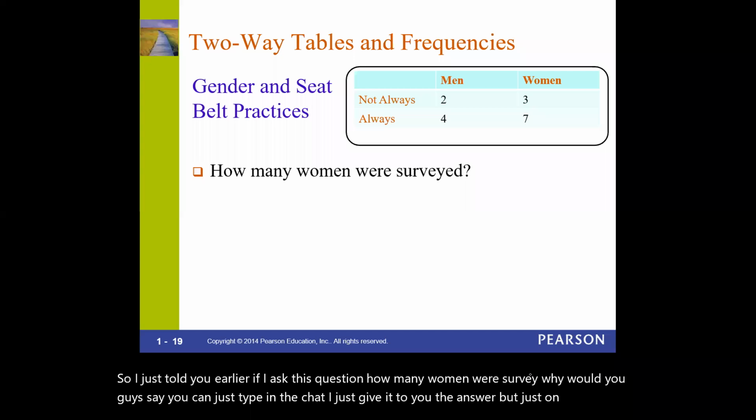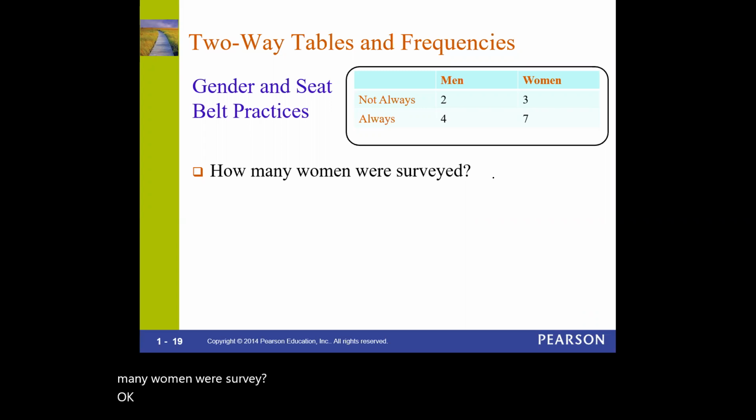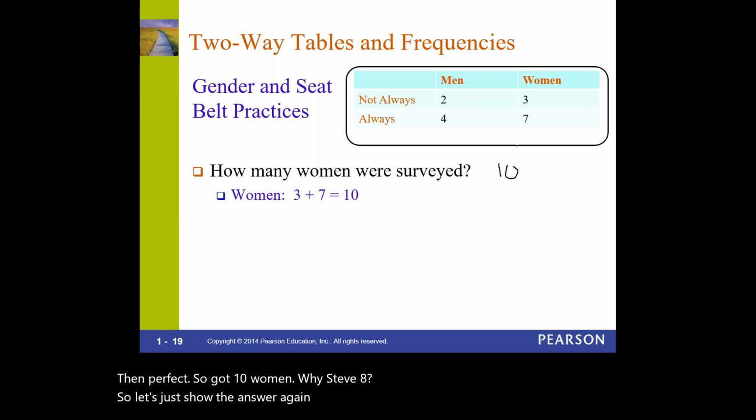How many women were surveyed? Okay, 10, perfect. So we got 10 women were surveyed. Let's show the answer again. You do 3 plus 7 is equal to 10.